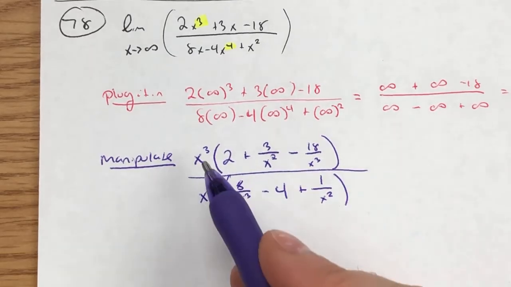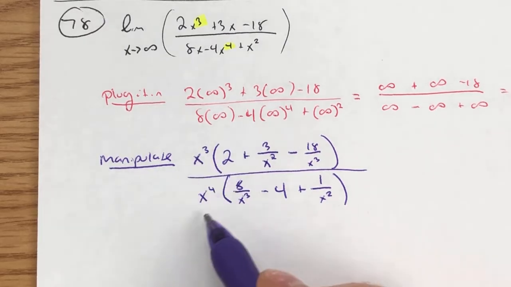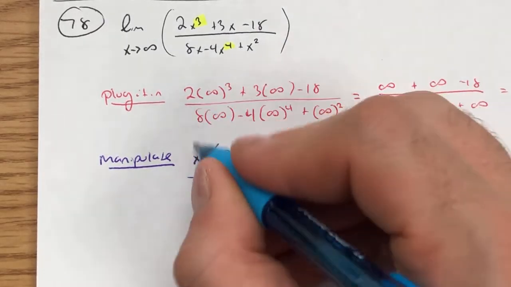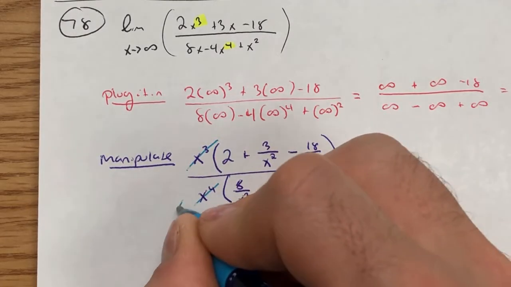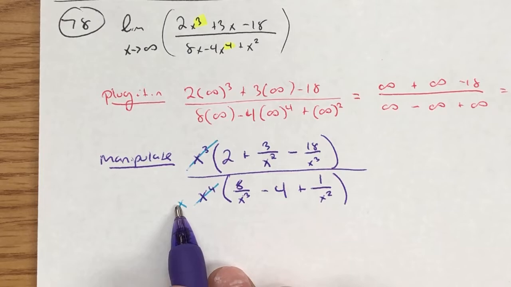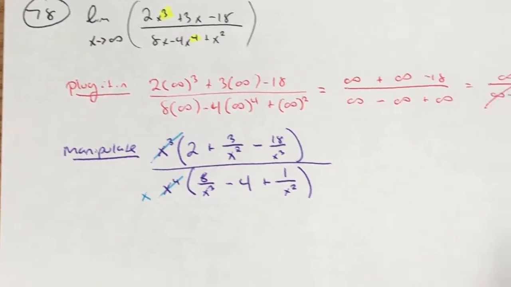What this allows me to do is cancel out some of these things over here on the left. I have 3 x's up top and 4 on bottom, which leaves me with a single x on bottom. That single x on bottom, I'm going to then feed right back into this.